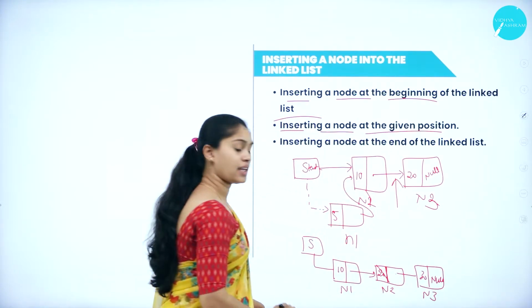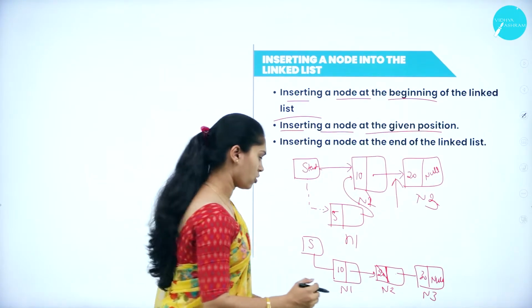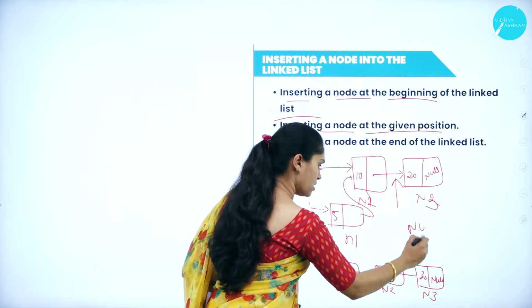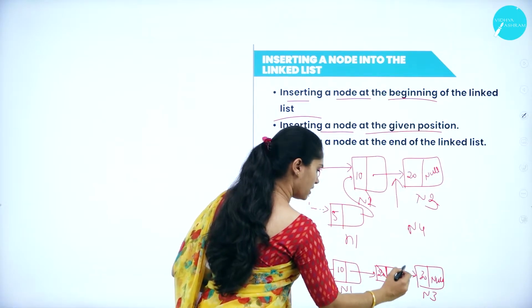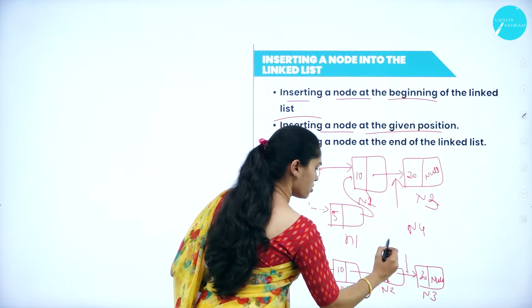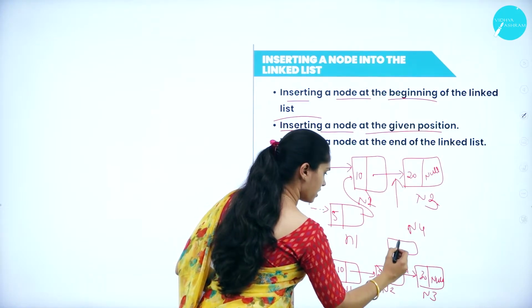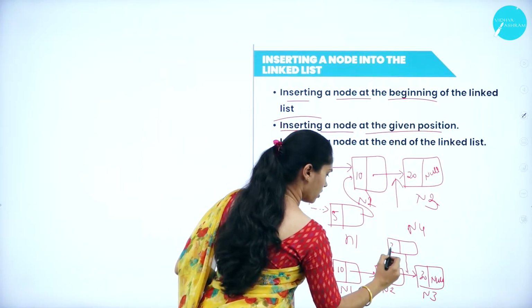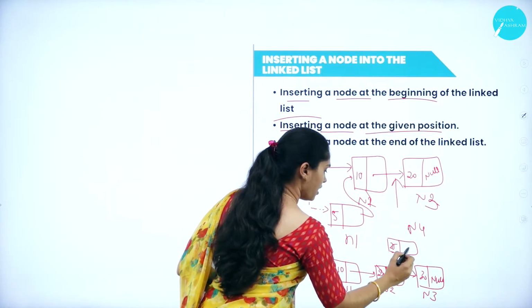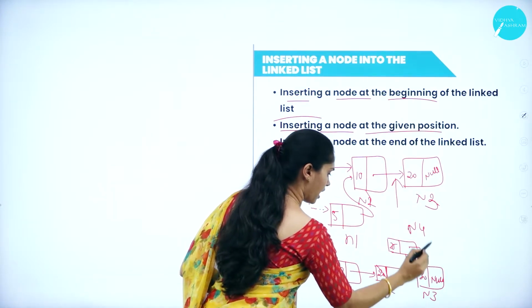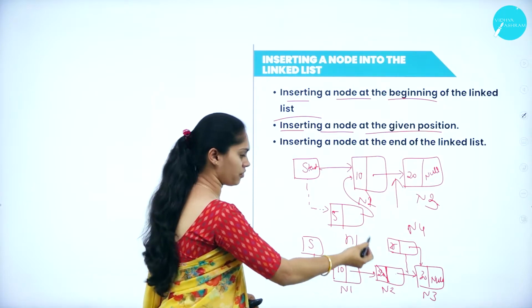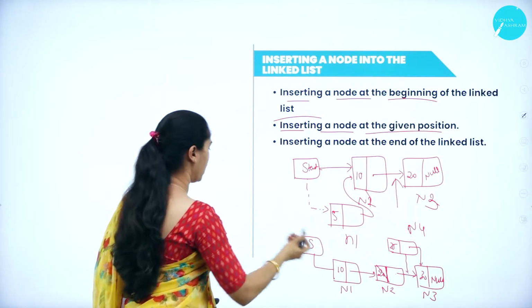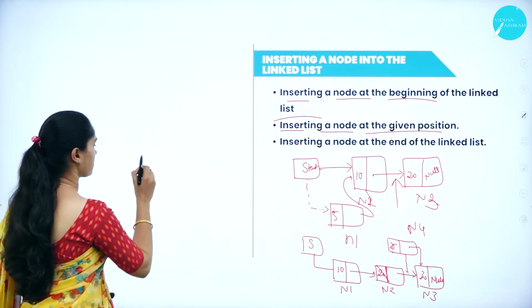Now I wanted to add a new node called N4 in the position here. So I am just going to insert a new node into this one. Let me consider this as 25, and this will point to the last node. After inserting a new node at a given position, it will look like this.